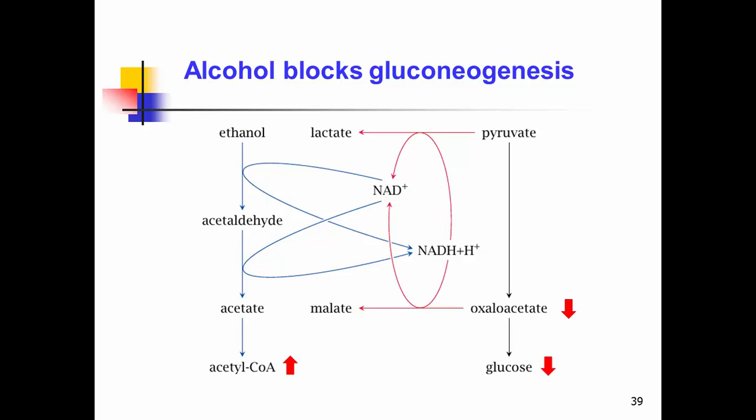So if oxaloacetate is depleted by alcohol metabolism, then you have less glucose being made, right? So this is sort of the pathway or mechanism of how alcohol metabolism can deplete the oxaloacetate and inhibit gluconeogenesis.